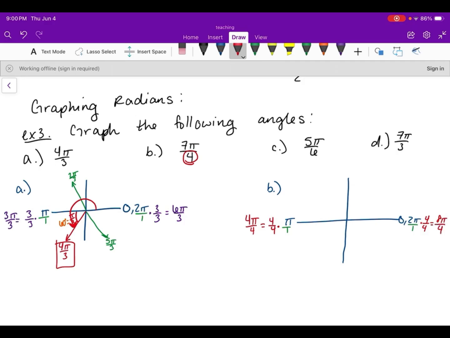Now 7 pi over 4 is going to be right underneath 8 pi over 4. How do I know it's not that far away? Well, 8 pi over 4 minus pi over 4 would give me 7 pi over 4. Why did I just say minus?